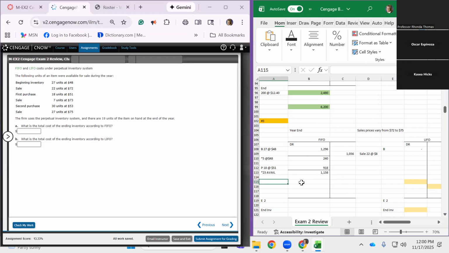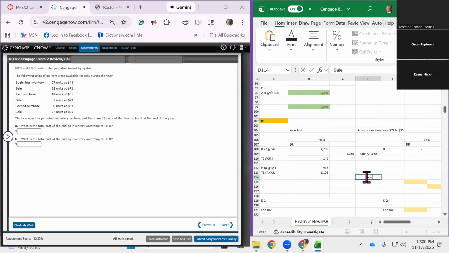All right. So then we have a sale, right? We have a sale after that first purchase. So the sale is for 7 items at, and I'm just talking costs, okay? At, and this is first in, first out.